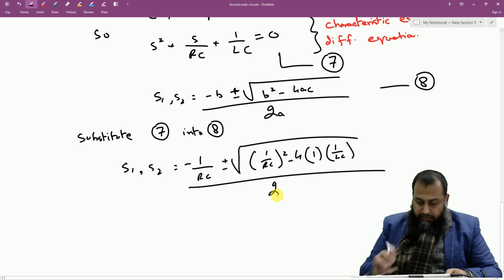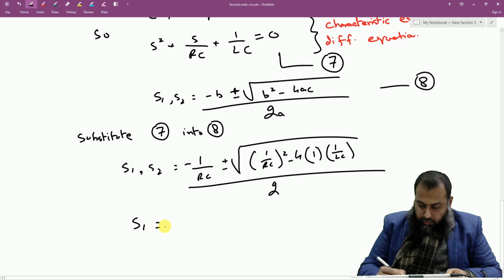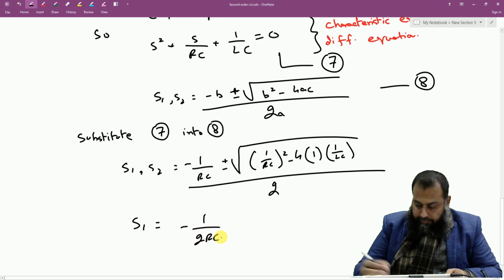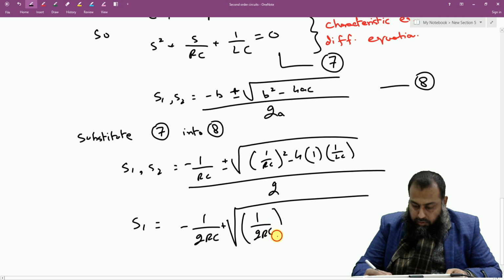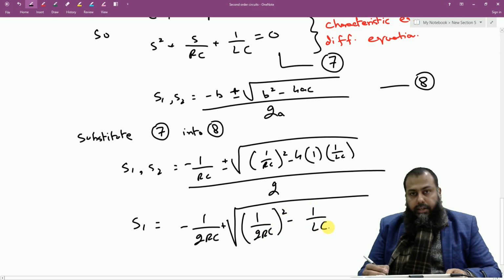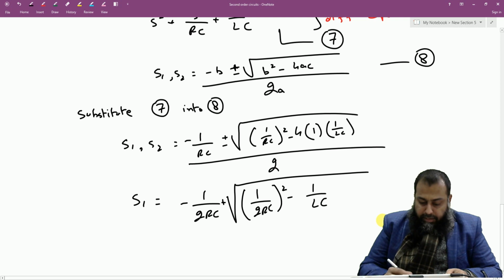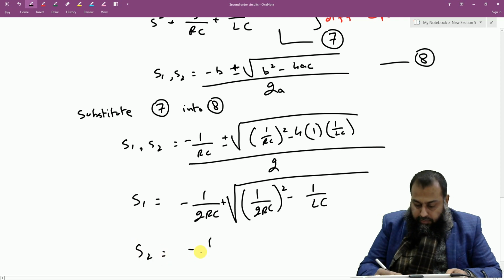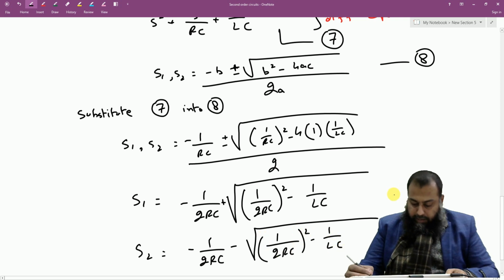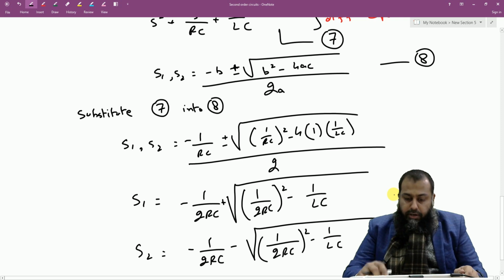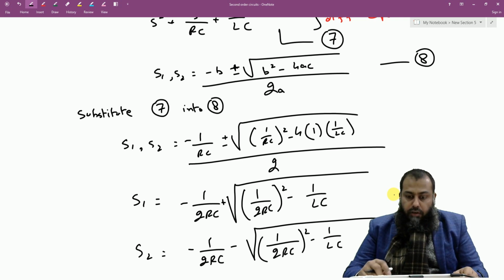And this can be written as s1 is equal to minus 1 over 2RC plus root of 1 over 2RC whole square minus 1 over LC. And on the same basis, s2 is equal to minus 1 over 2RC minus root of 1 over 2RC whole square minus 1 over LC. So these are my two roots that emerge after we solve equation number 7.